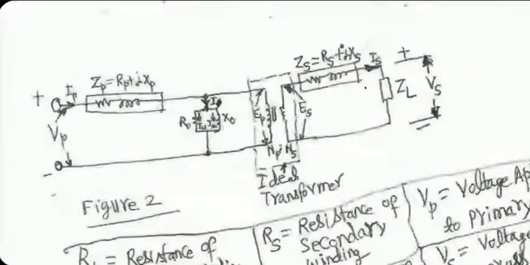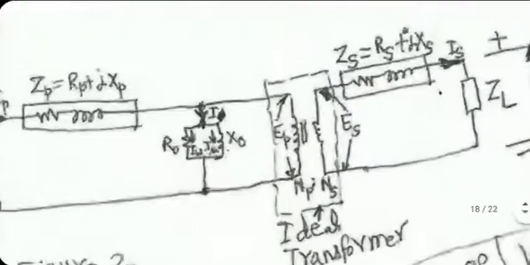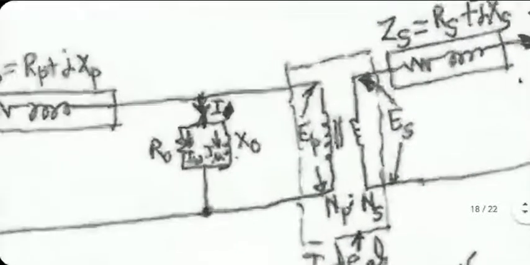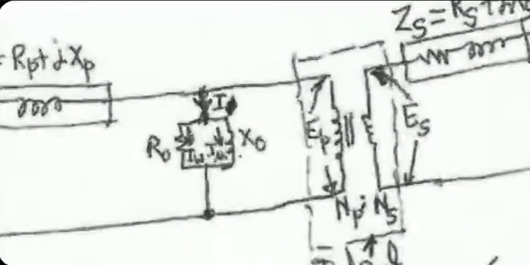Now, to include the effect of the core, we put a parallel circuit in the primary winding, where the losses in the core have both resistive and reactive nature. The resistive part is captured by an equivalent resistance R naught, and the inductive, or I would say the reactive part, is captured by a reactance X naught.